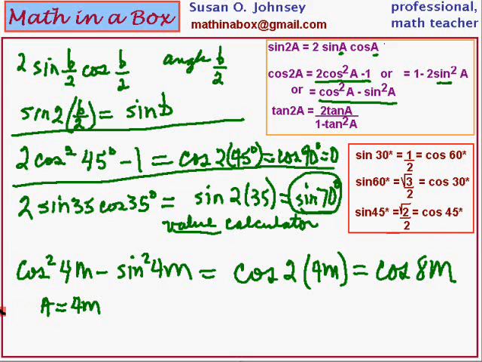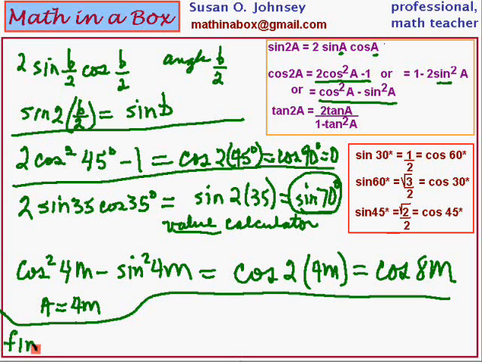These are just some of the different types of problems that you can see using the double angle identities in trig. There are many other ways to use them. One other way is if I ask you to find the cosine of 2a, and I tell you that the tangent of a, not 2a, is 1/2.